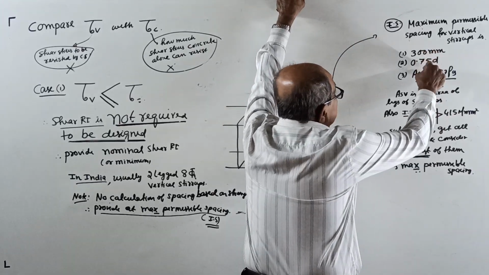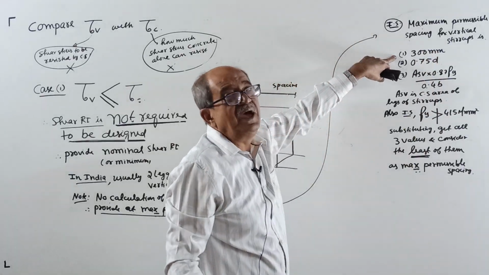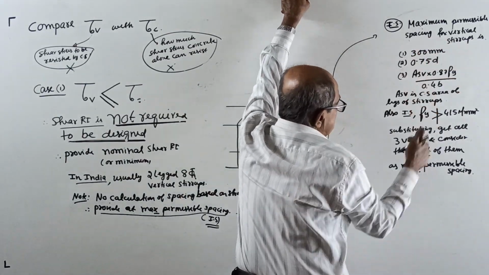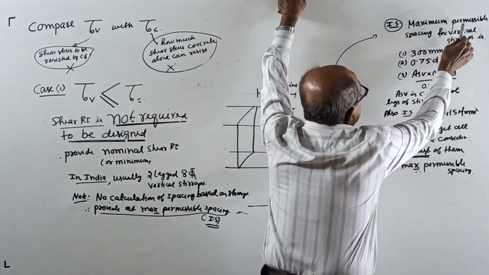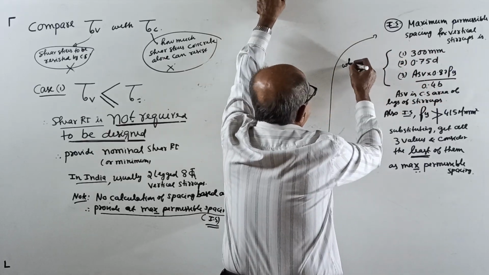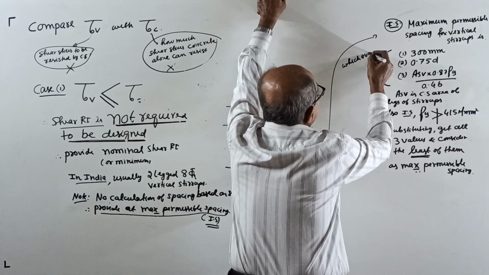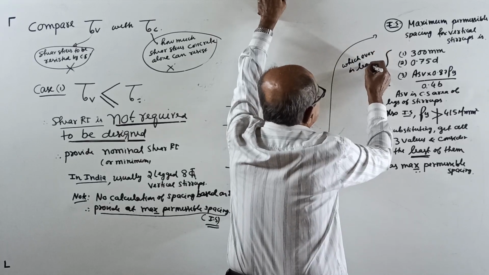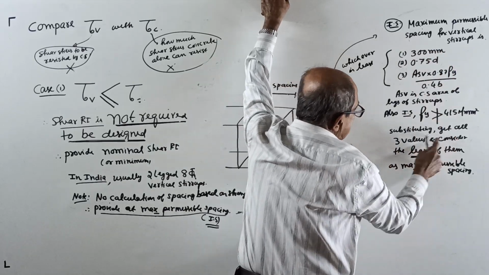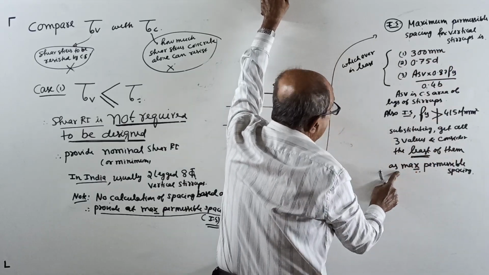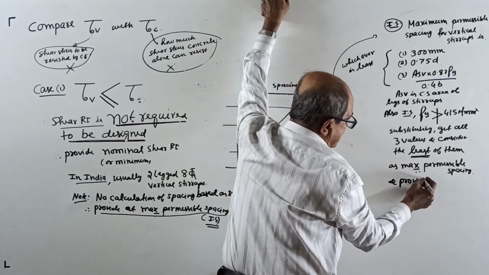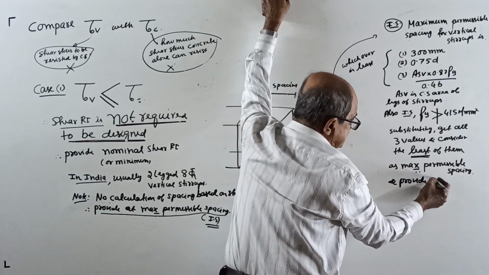Substituting, get all three values. The first value needs no substitution, directly 300. After getting all three values, it is a maximum limit, so consider the least of them as the maximum spacing and provide shear reinforcement.